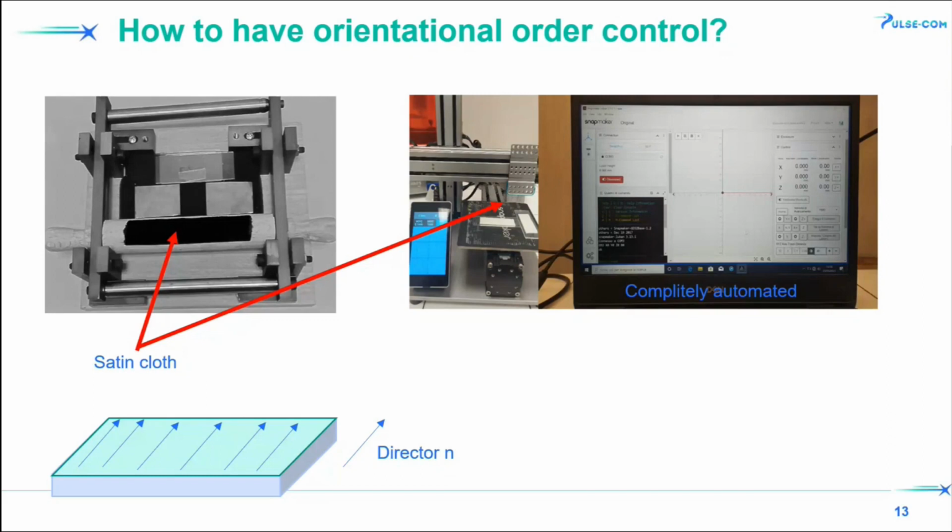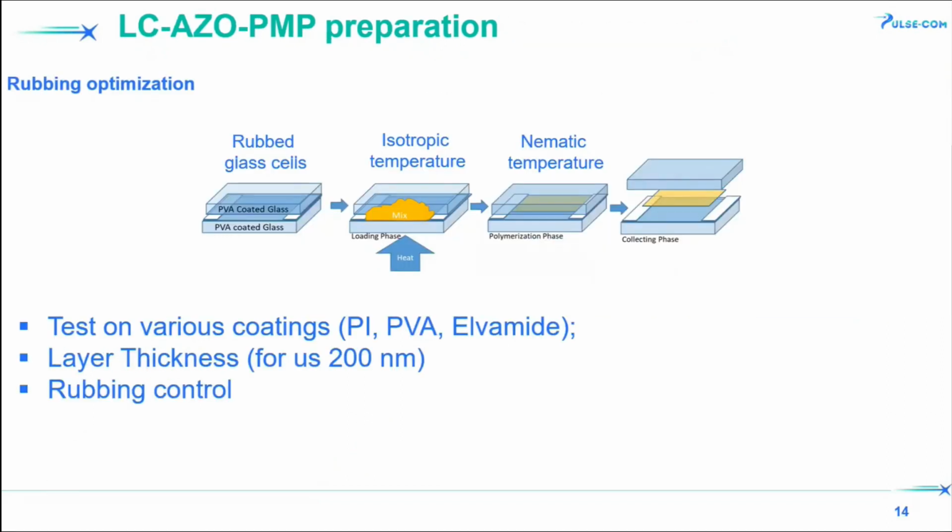After you have done your rubbing, you will have to prepare your rubbed cells, and the best thing to do, of course, is to try to optimize the preparation of your cell.